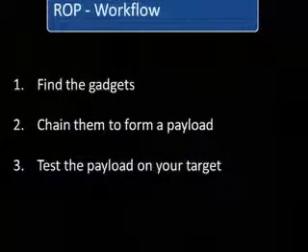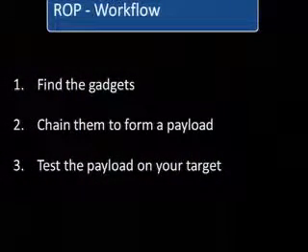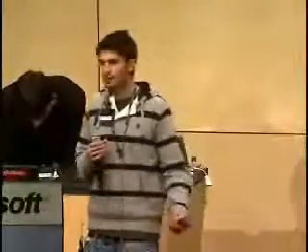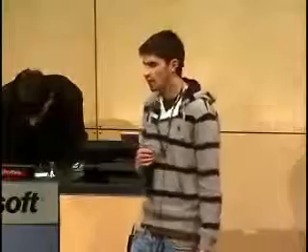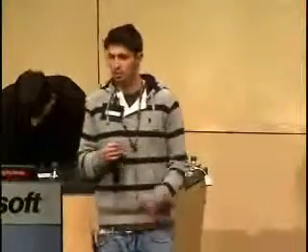The way you usually go about creating a return-oriented programming payload is, first, you need to find gadgets. For instance, on iPhone, given that there's no address space layout randomization, you can use the entire address space: all the libraries, the main binary, and whatnot. Sometimes, like on Windows, it's different. Some DLLs are not randomized, depending on the application.